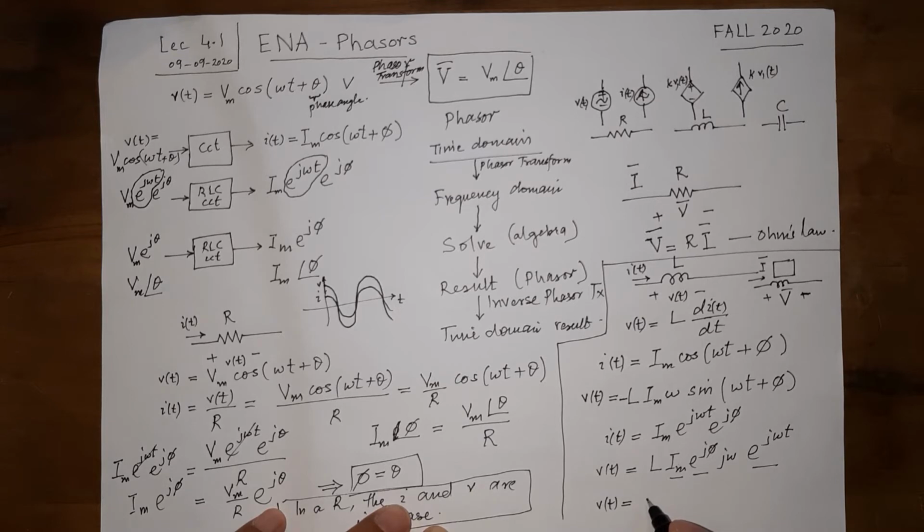So Vt would be j omega L, the terms which do not belong to the current, and then the current term: Im e raised to the power j omega t e raised to the power j phi. So this is the current term, this is something that we are going to name soon, and this is the voltage. So the voltage across an inductor with a complex source at the input, when the current is a complex current, the complex voltage will be this thing.